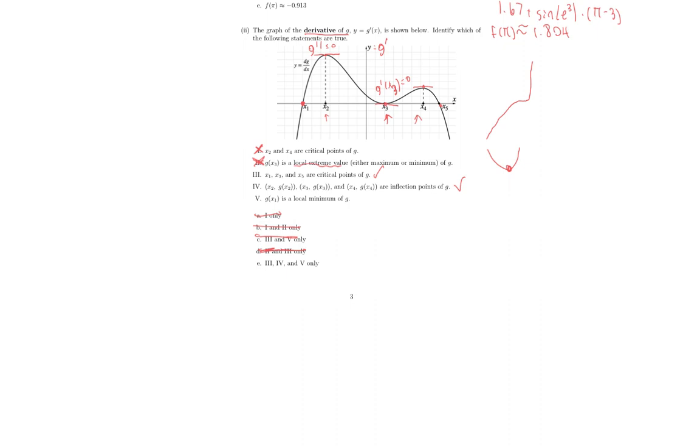So to our left, this section, we're below the x-axis. So that means our derivative is below 0, so we have a negative slope. And then on the other side is positive, which means we have a positive slope. And again, negative slope to positive slope, that's the minimum. So that is also true. So that means it's E.